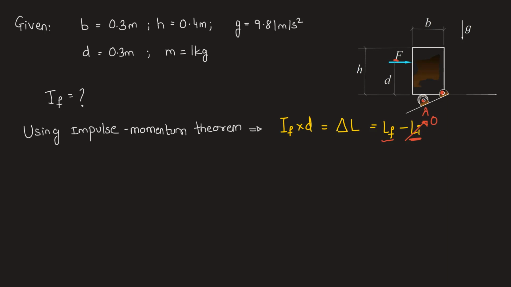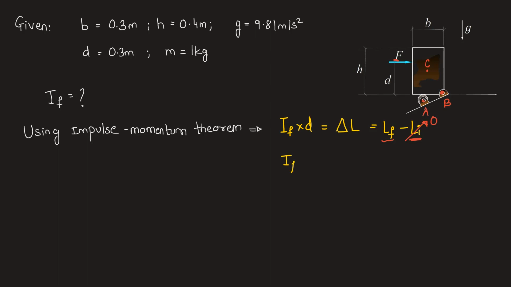Let this point be A, this point be B, and center of mass of this block be C in this cross section, of course. So here we can say when impulse is applied, the block starts rotating about point B and therefore LF will be non-zero. Also we can calculate this value LF.